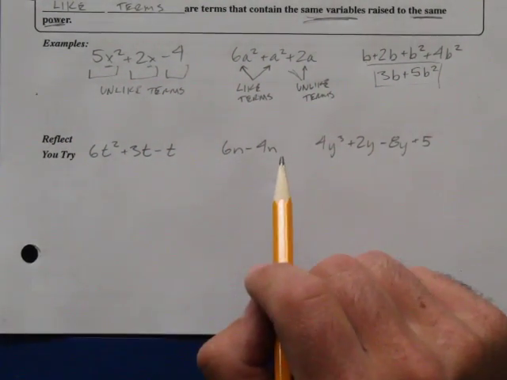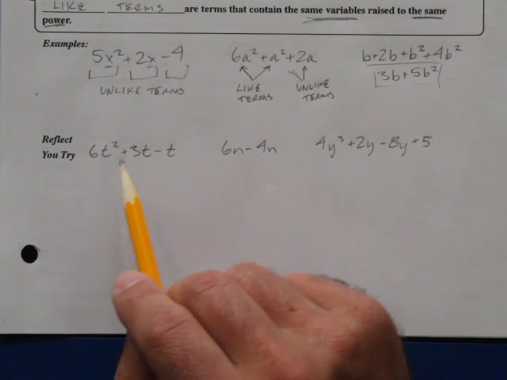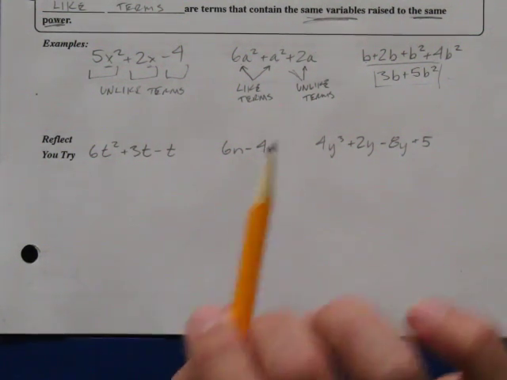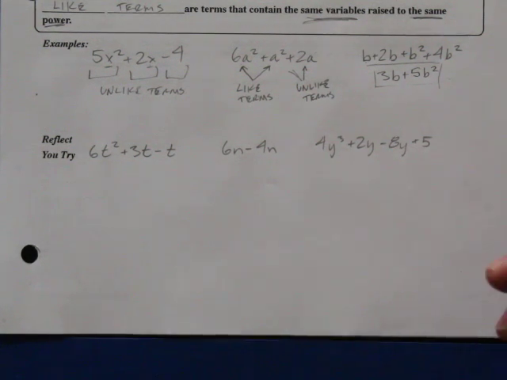So find the like terms and combine them. If the terms are not like the other terms, just leave those ones alone and just carry them down into your final expression. Okay, pause now and get started.